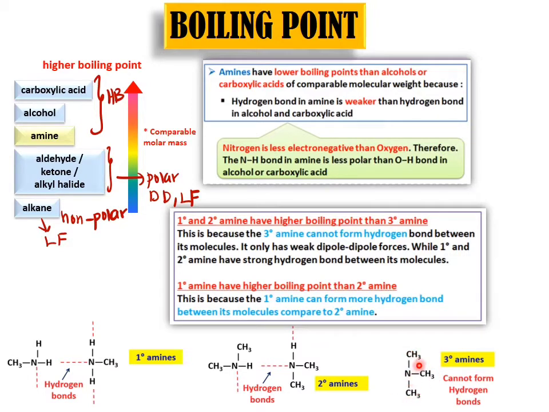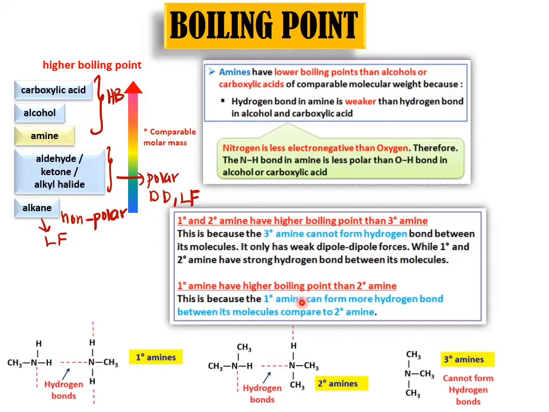So for this amine, the condition for hydrogen bond to occur, remember last semester, is nitrogen atom, FON, right? So now we have a nitrogen atom that should be bonded to at least one hydrogen atom. But this nitrogen atom has no hydrogen. So when there is no hydrogen on the nitrogen atom, it cannot form hydrogen bond. That's why tertiary amine cannot form hydrogen bond.